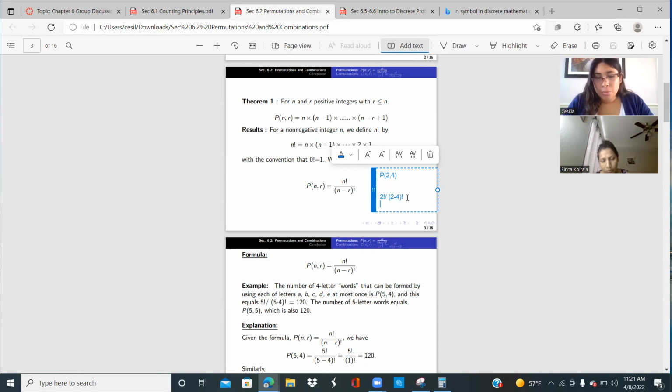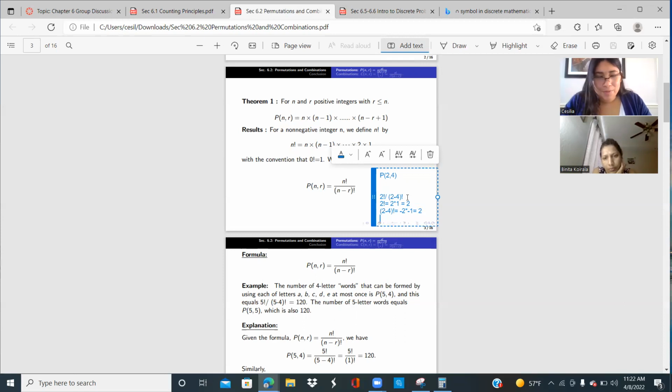So 2! in this scenario would equal 2 times 1, which equals 2. And then the next part we're going to do (2 minus 4)!. So 2 minus 4 is negative 2, so we're going to do negative 2 times negative 1, which equals 2.